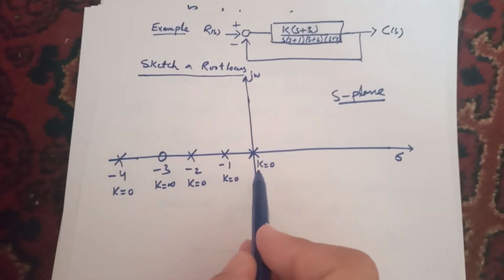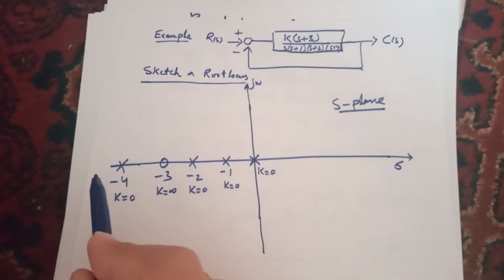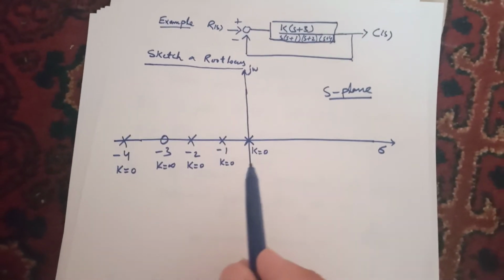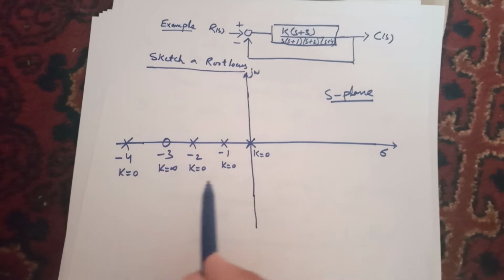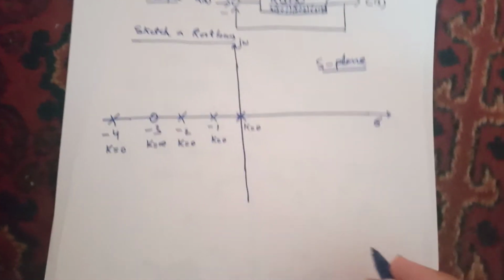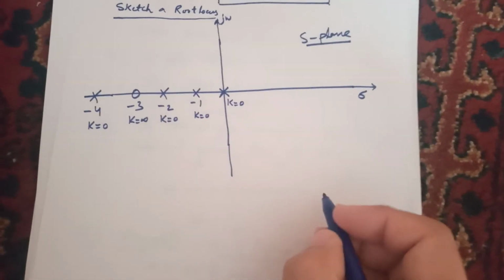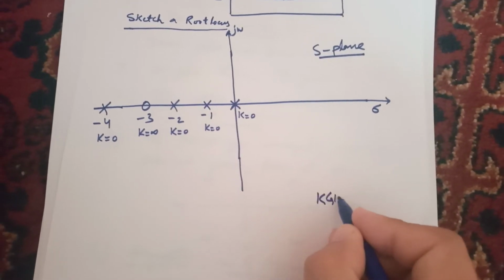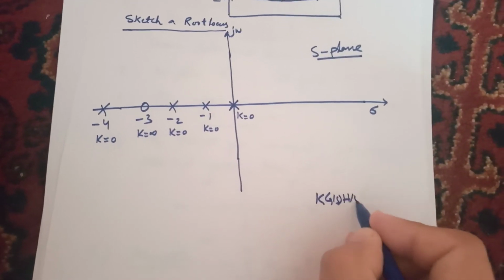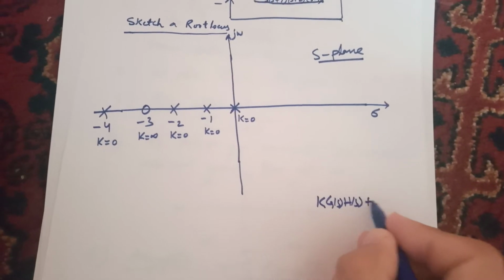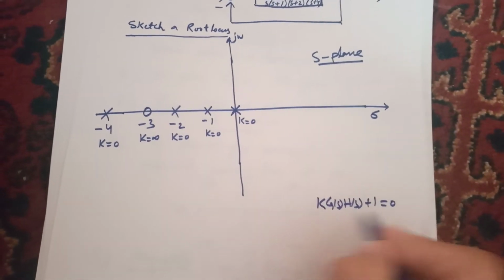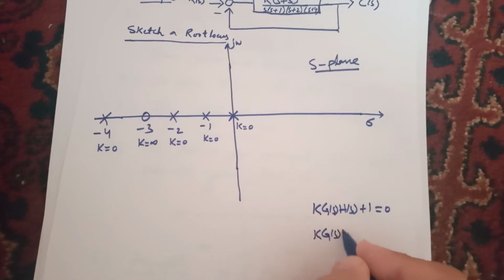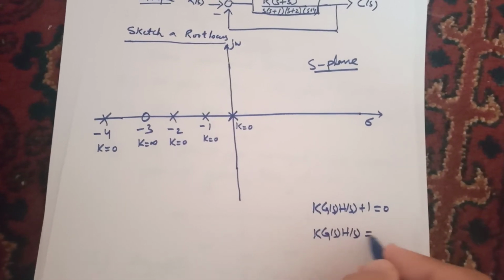Now when we plug in the values of k, these poles move. The question is how we get these values, k is 0, k is infinity. It's very simple. I just do a little maths here. Assume that you have 1 plus k g of s h of s equal to 0. This is the characteristic equation, and we start from here, that k g of s h of s is equal to -1.